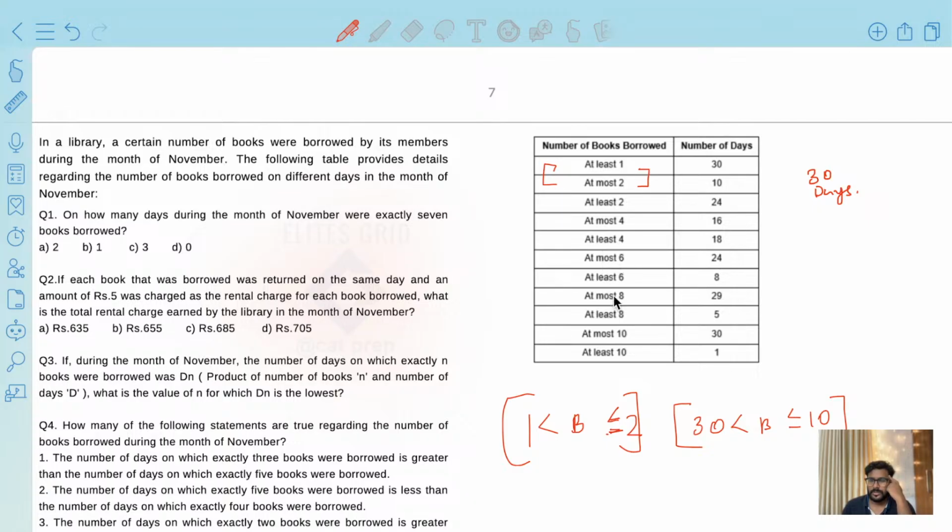That is, in a certain day borrowed a minimum of one book and a maximum of two. Minimum of one book for 30 days. Right. A maximum of two books for 10 days.